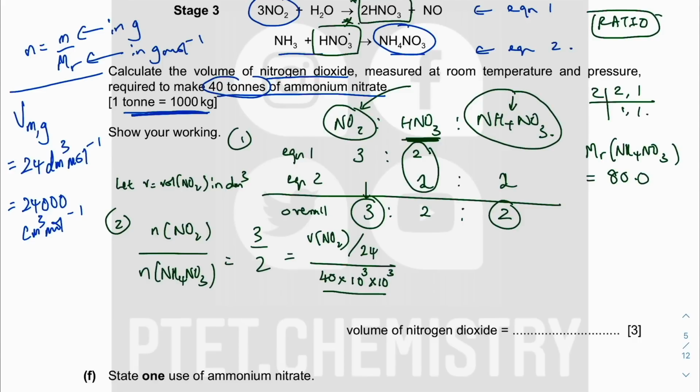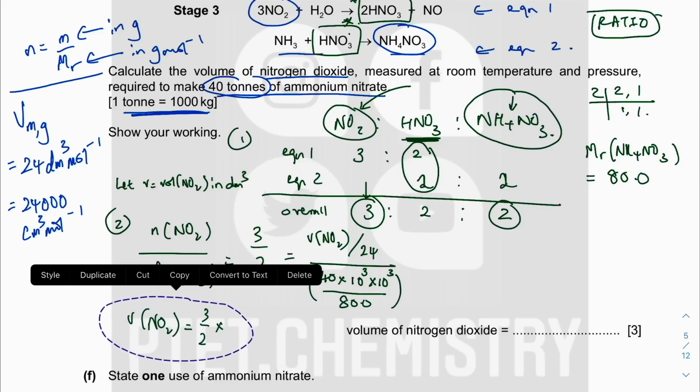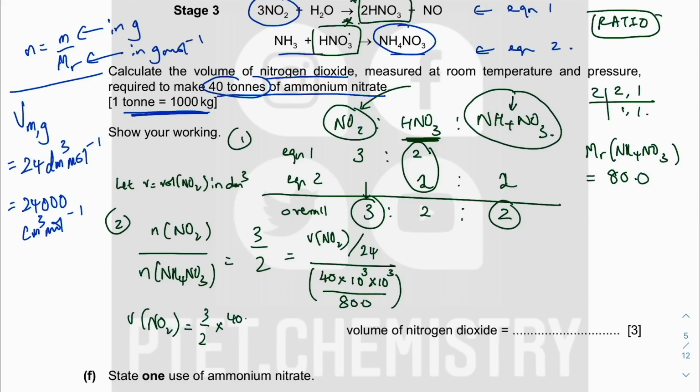So there's your accuracy there, which you lose if you don't include them, okay? So you should be very careful with your arrangement of formula here. So the volume of NO2 is going to be 3/2 times, should probably make some more space for myself, 40 times 10 to the 6, because I can simplify 10 to the 3 times 10 to the 3, that's 10 to the 6. Or you can say 1 ton is 10 to the 6 gram. And then I move up to 24 again.